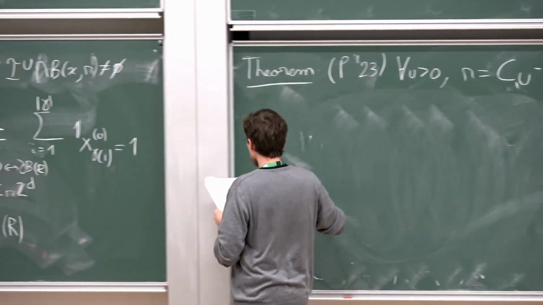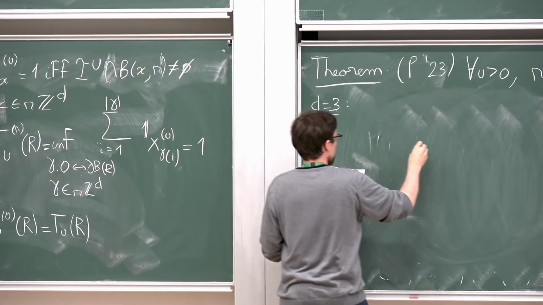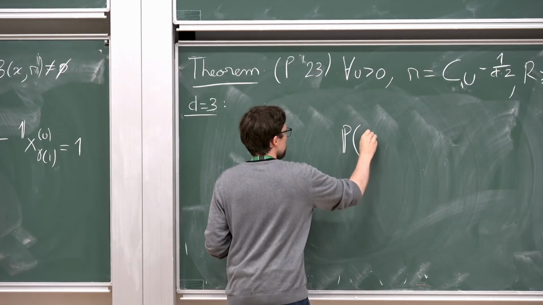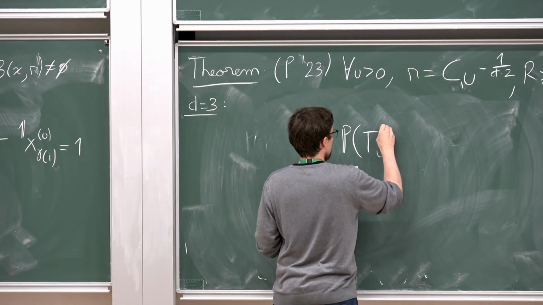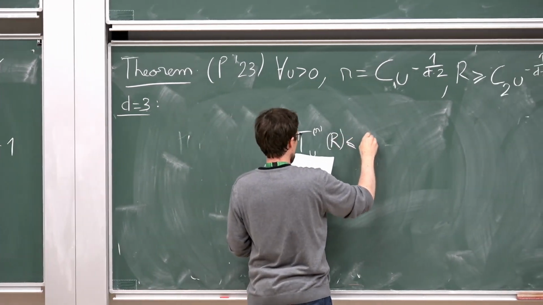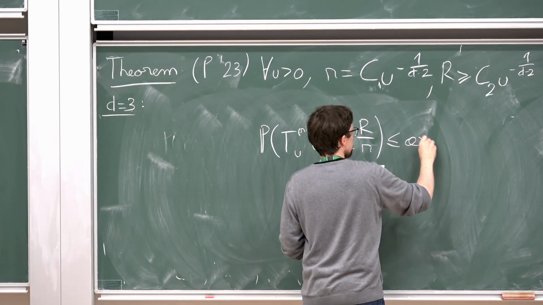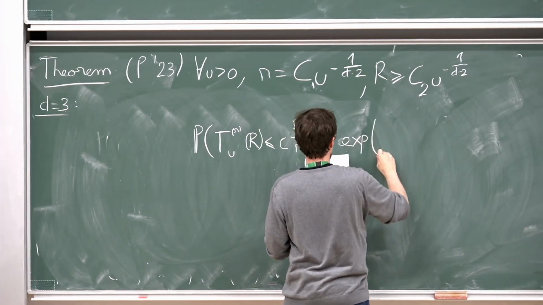And what you can then prove is the following. In dimension 3, your probability at this scale that your FPP is sublinear, you get the same exponential.